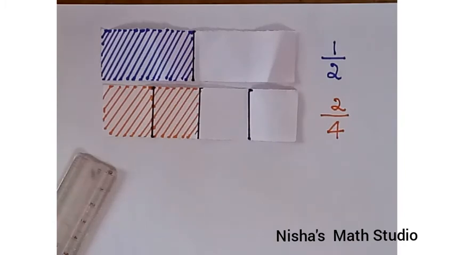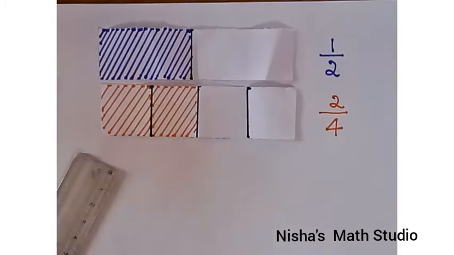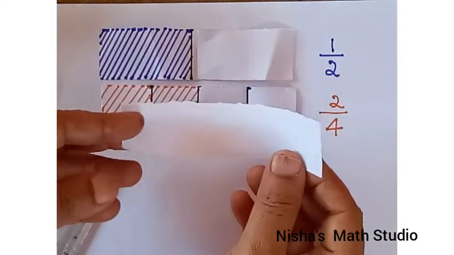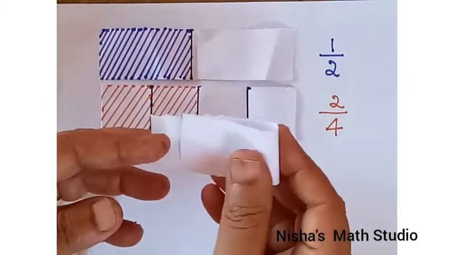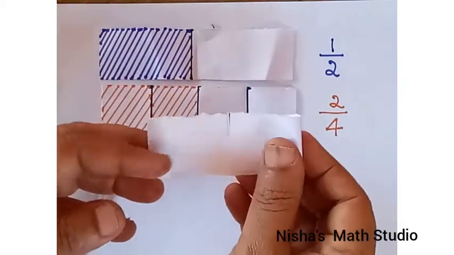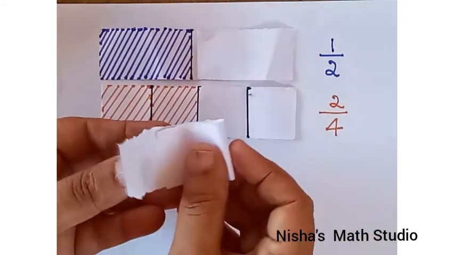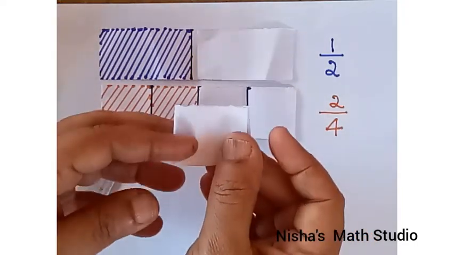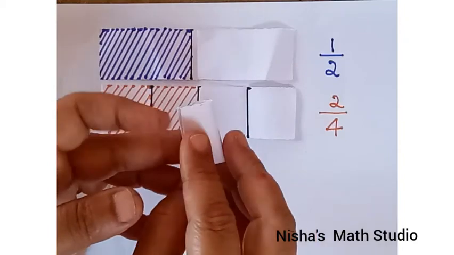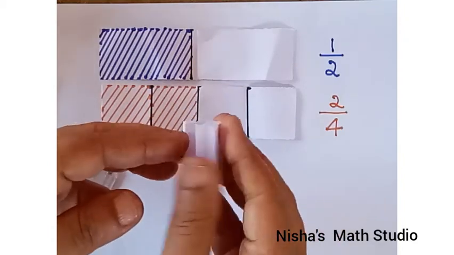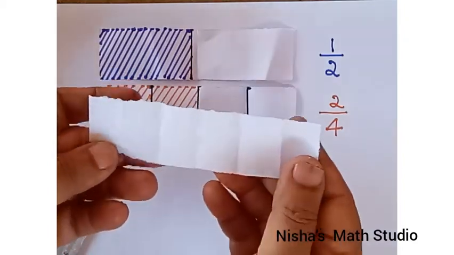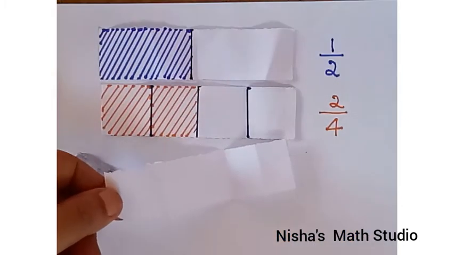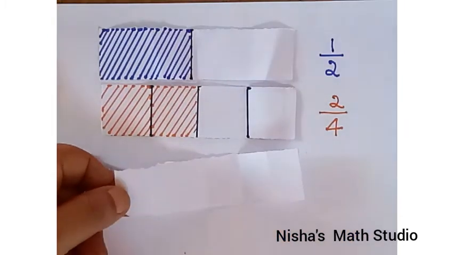Now let me take the third strip of paper and fold it into 6 equal parts. To do that, first I have to fold it into 3 equal parts, then into 2 equal parts. So you have here now 6 equal parts. Let me color this with the green color now.